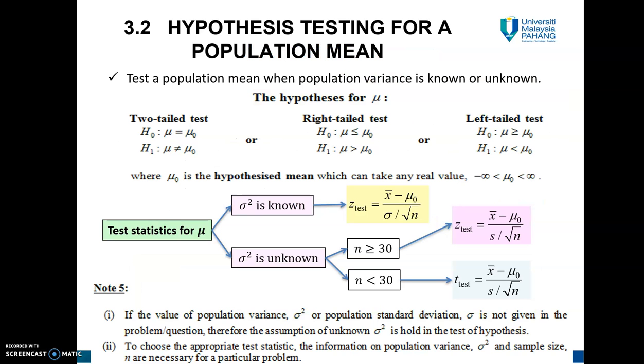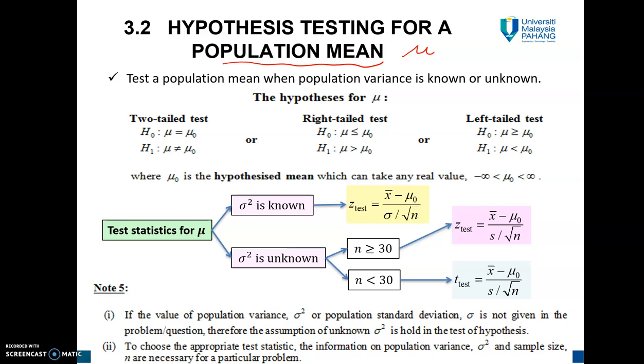Okay, so now we move to 3.2, hypothesis testing for a population mean. Here you can see we are concerned about a population mean. So is it one mean or two means? One mean, one population. Step number 1 is to write down your hypothesis. Again, here you have two tail, right tail, left tail.